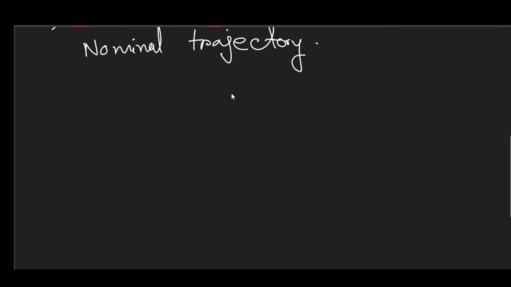Now consider the behavior of the nonlinear state equation for an input and initial state that are close to the nominal values. Now we consider that we are having an input that is a combination of the nominal input plus a perturbation.